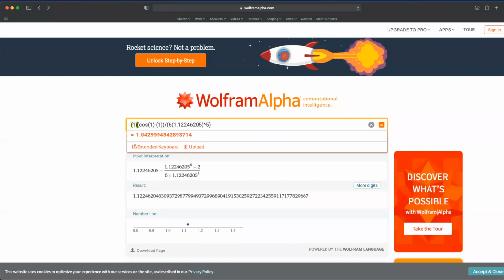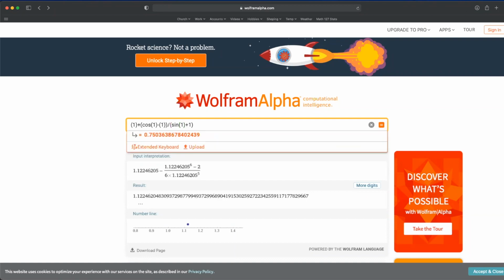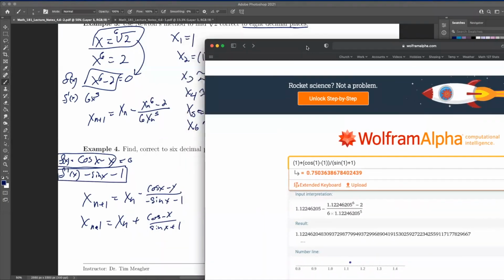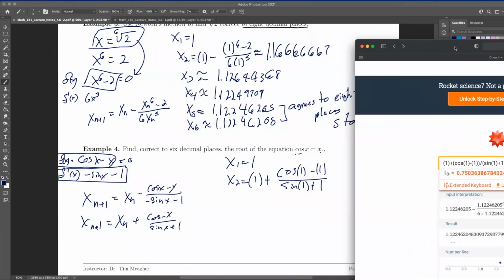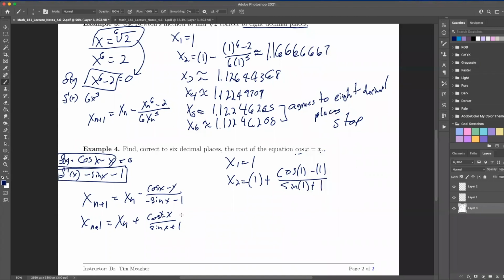Oops, this is now plus. And this will be sine of 1 plus 1. And notice how everywhere I'm plugging in something, I use the parentheses. And notice this one doesn't have a parenthesis on it because it is not where I'm plugging it in. It just is 1, right? This one is 1. The other ones were all technically x's. Oops, I did not put an x here. There we go.